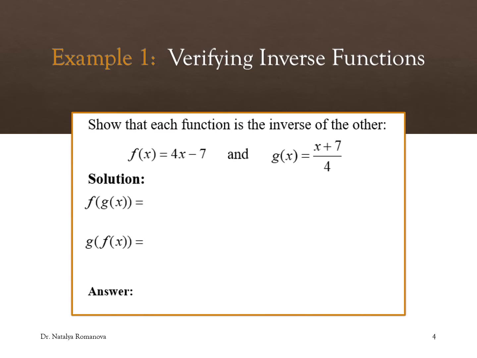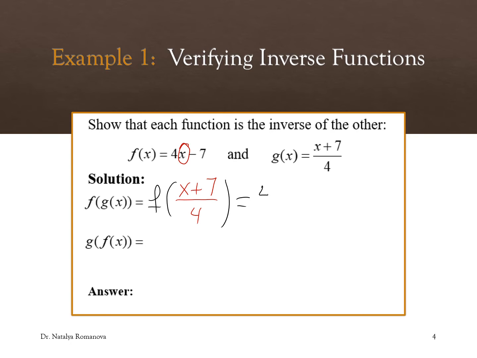In the first example, we have to verify inverse functions. We will check the value of the composition of functions f and g of x. We take our f and find its value if the independent variable equals g of x. G of x is the inner function, x plus 7 over 4.